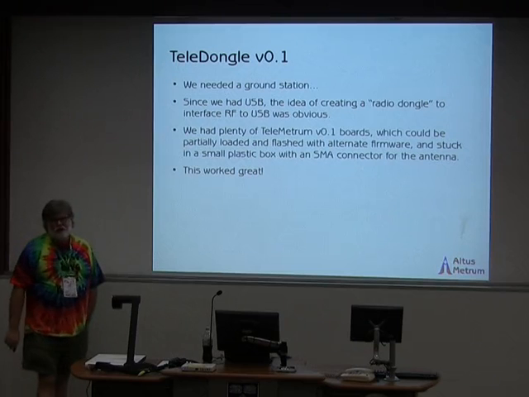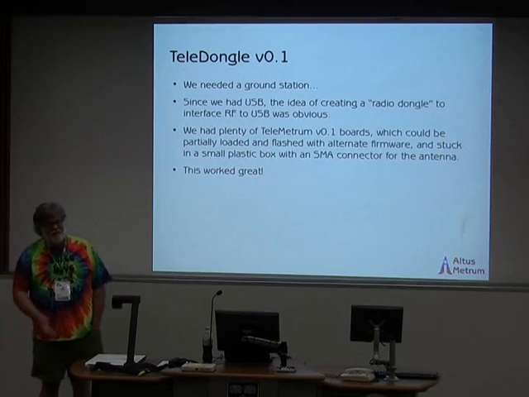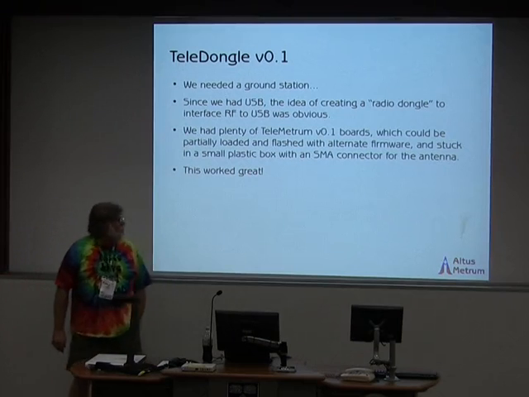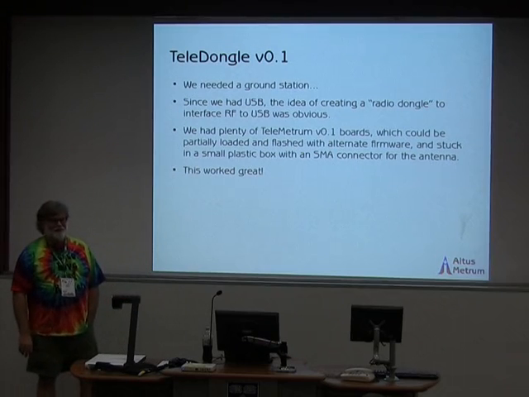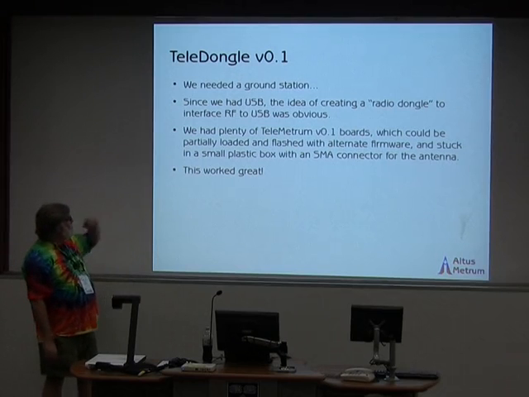What if I just partially loaded one of those boards, stuck a USB cable in it, Keith cobbled up a slightly different version of the firmware for the board, and all of a sudden we had a new product. Well, we weren't thinking product at that point. This was just how you do the ground station side of the system. And it turns out that worked out great.